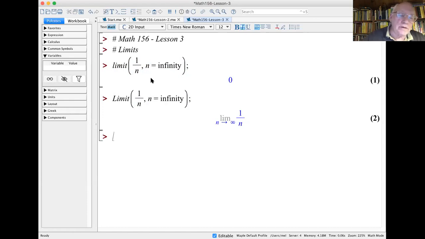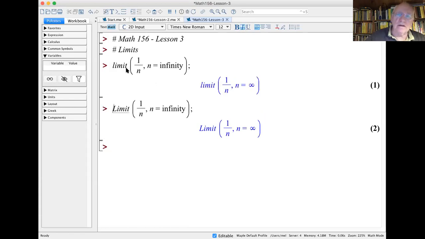And again, with all of these Maple commands, you have to look very carefully at the syntax. Limit parenthesis. If I put a space before the parenthesis, even just one space, I don't get an answer. It just repeats what I wrote down. In Maple, when there's a command followed by an argument in parentheses, you cannot have a space before the parenthesis.